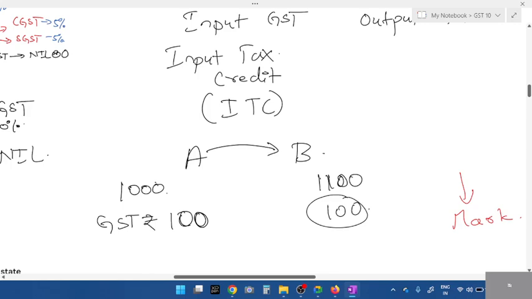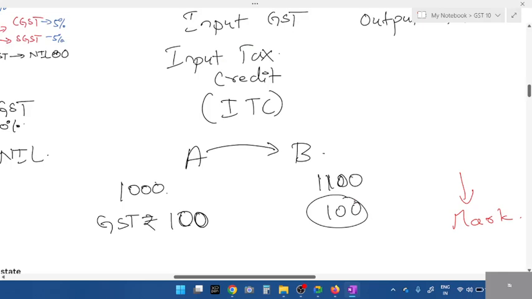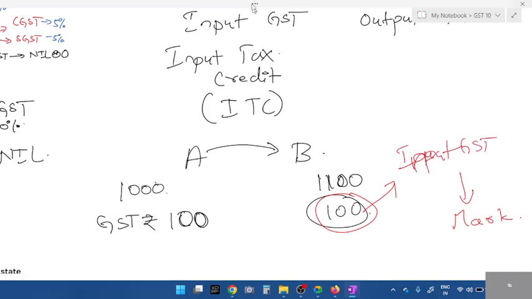In this 1100, 100 is the GST. Who's paying this GST? Who has the product now, A or B? B has the product. So B will pay this GST. And for B, what is this GST called? Input tax, input GST. Whatever you're paying, students, you call input GST or input tax credit, ITC.